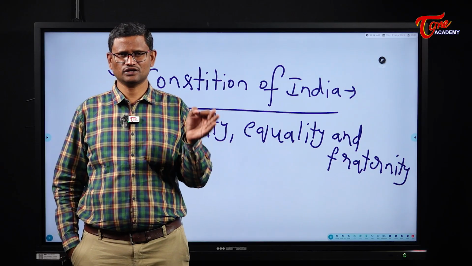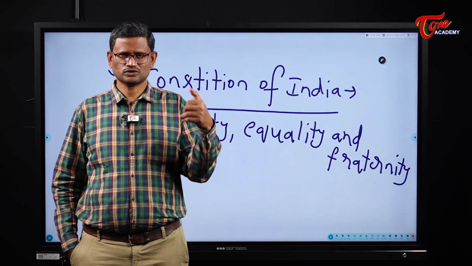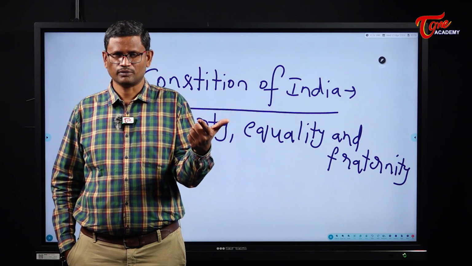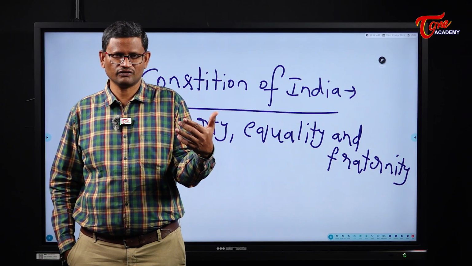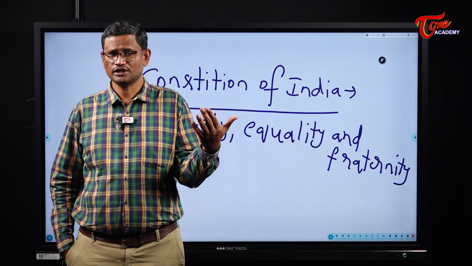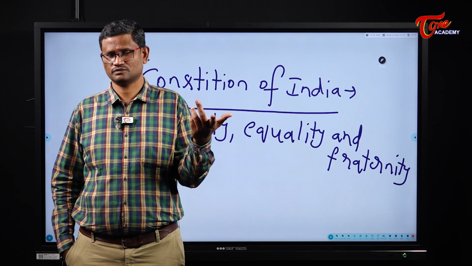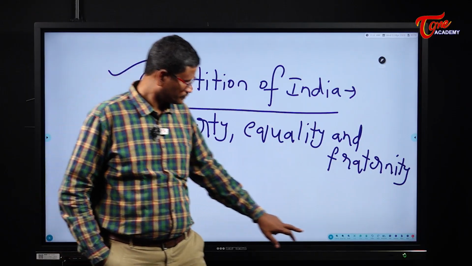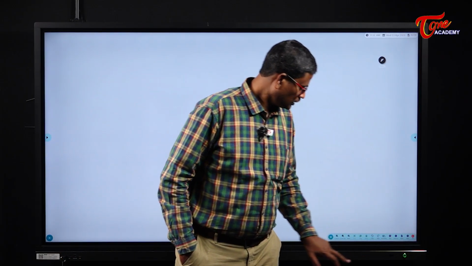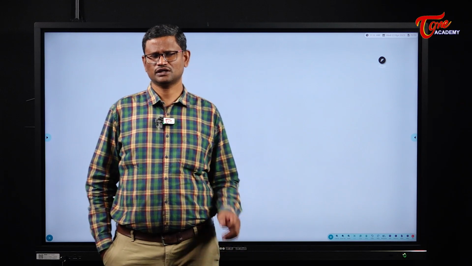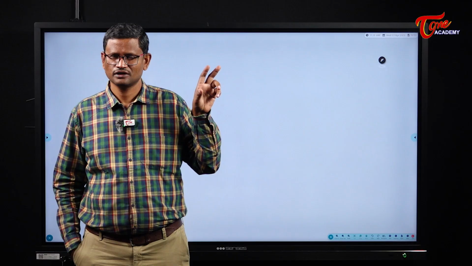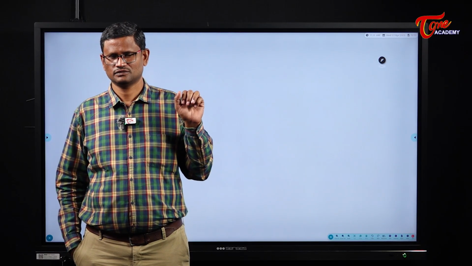Today, after 75 years, when it comes to liberty and equality, we have made some reasonable progress. But when it comes to fraternity, the idea of universal brotherhood, there is a lot which is to be achieved. So that's what Dr. B.R. Ambedkar says. In addition to this, Dr. Ambedkar also says that democracy in India is a top dressing on Indian soil.